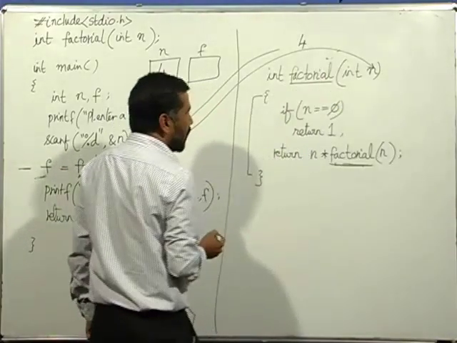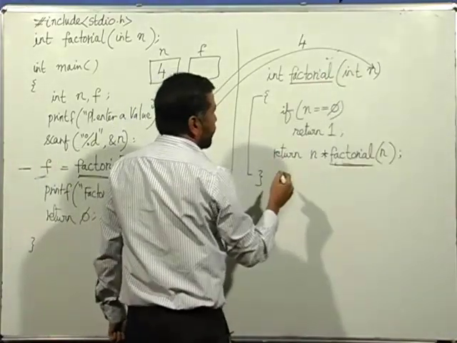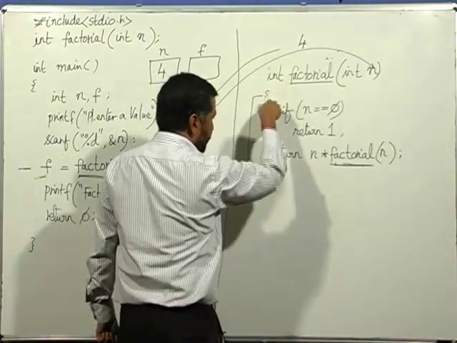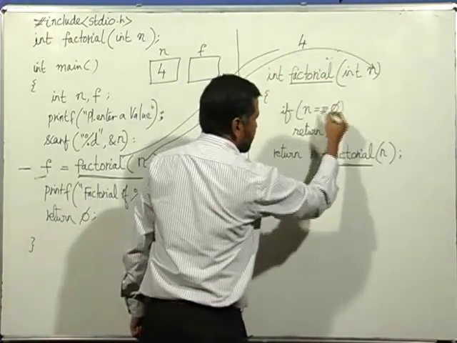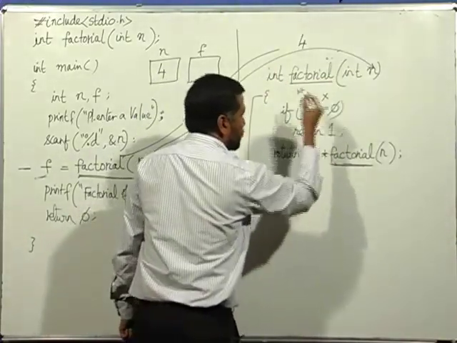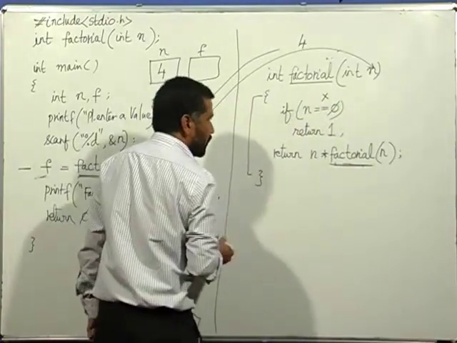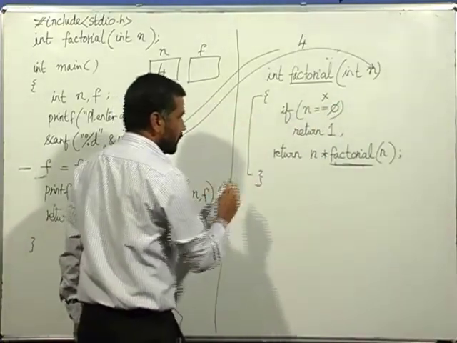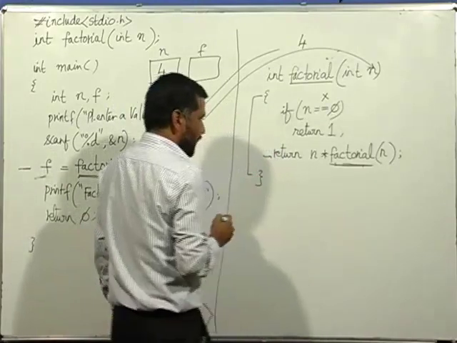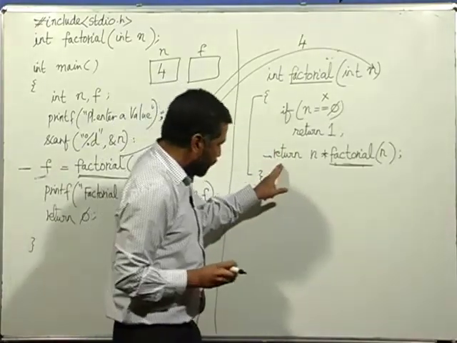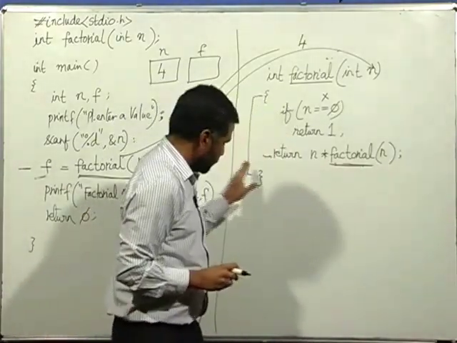As the function is called, right now the value in n is 4. When the body is executed, this test is carried out. Right now this is not true because n is equal to 4. It is definitely not equal to 0. So the control comes here. Just carefully look at the statement here.